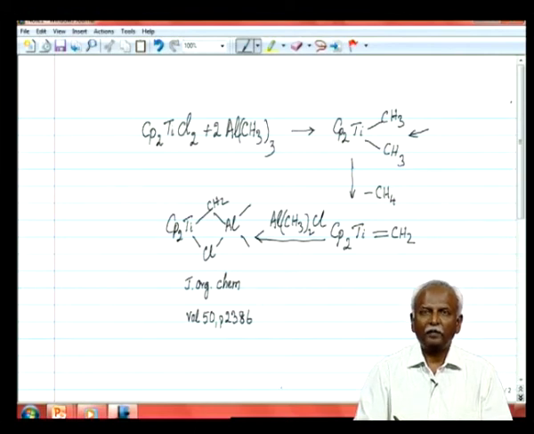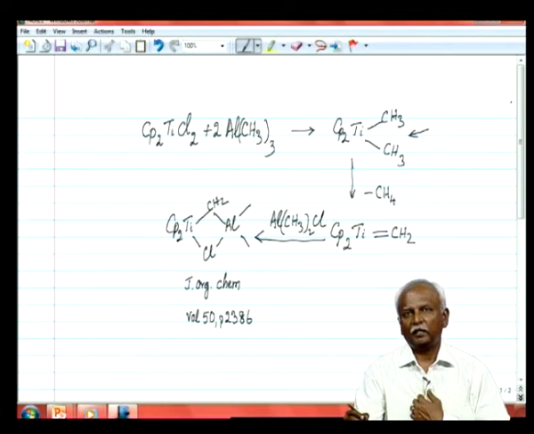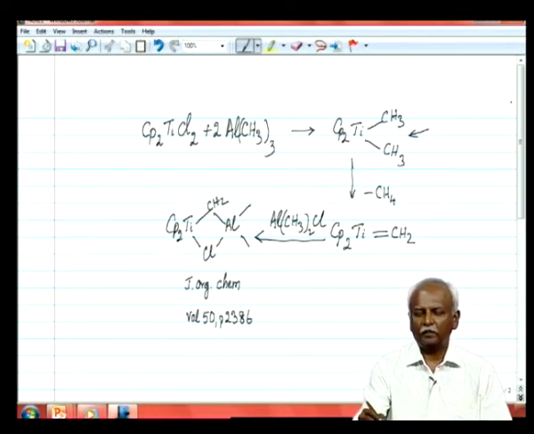Now, you can eliminate a molecule of methane from here by reacting one of these hydrogens which is present on the methyl group. One hydrogen from the methyl and one methyl group are eliminated as methane, and so you end up with a carbene complex, which is a titanium carbene complex. This titanium carbene complex reacts with the aluminum alkyl compound that was formed in this reaction.